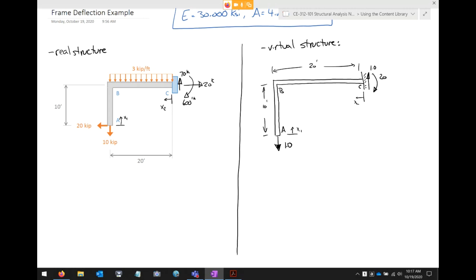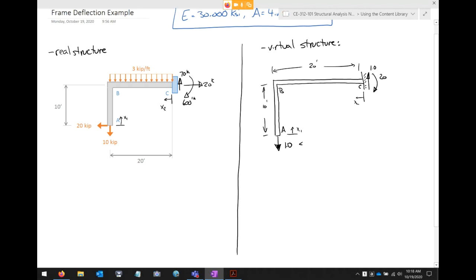I've got the reactions solved for both ends, and I've got the coordinate systems defined for both ends. One big thing is you have to be consistent. You have to use the same coordinate systems on the real structure that you do on the virtual structure, because if you use the same coordinate systems as well as the same assumptions for positive internal moments, positive internal forces, etc., then the only sign convention that really matters at the end is that right there. Everybody good?